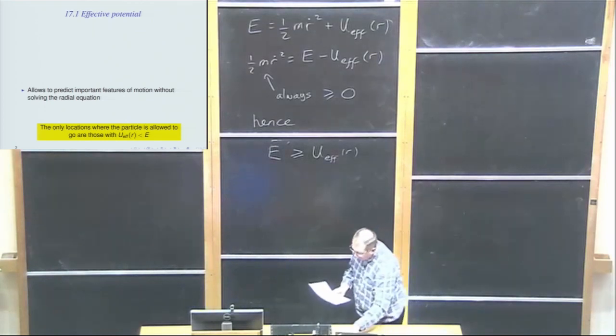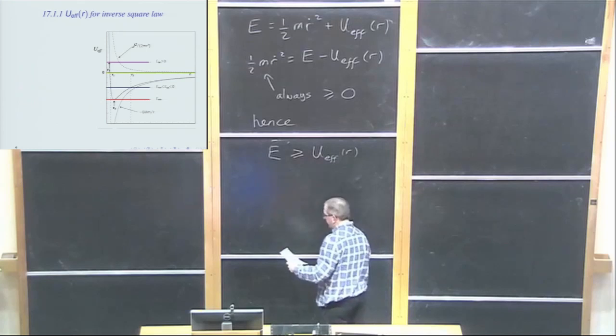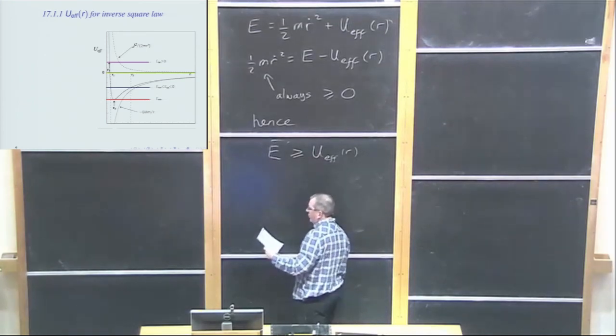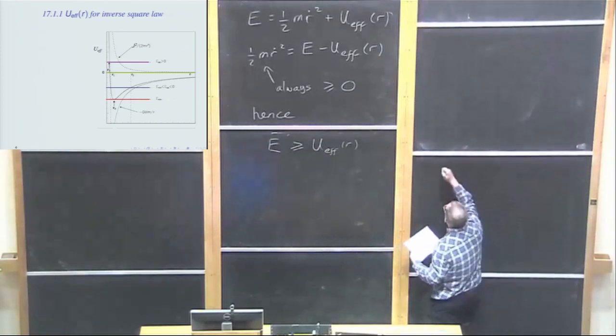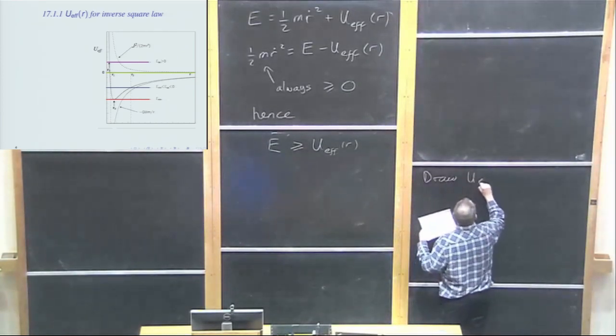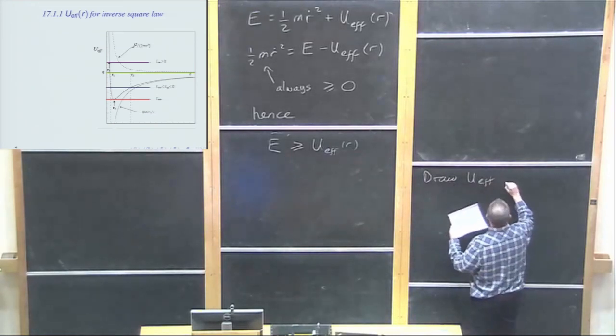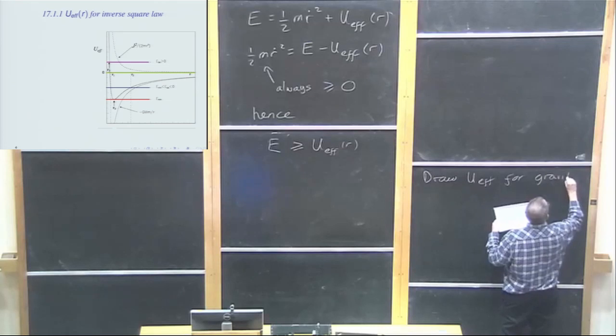Okay, that might sound a bit abstract, but let's again draw, and I do it over here. So I'm going to draw, as I did last time, the effective potential for the case of gravity. Okay.